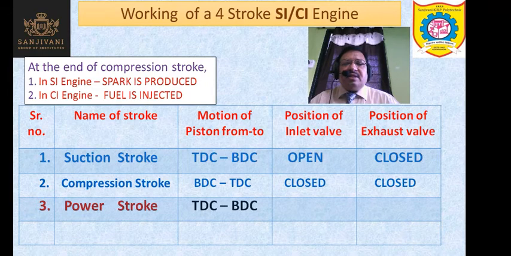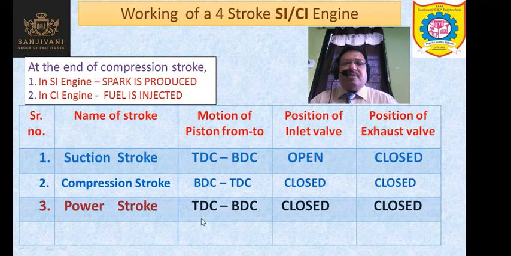The third stroke is the power stroke. Now before the power stroke, that is at the end of the compression stroke, in case of SI engine spark is produced, and in case of CI engine fuel is injected.